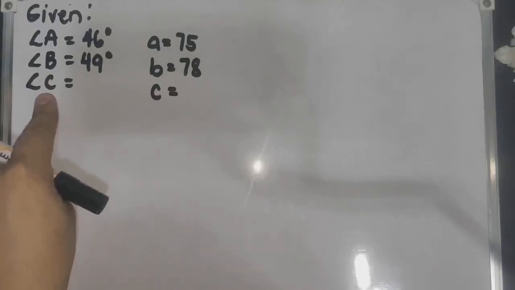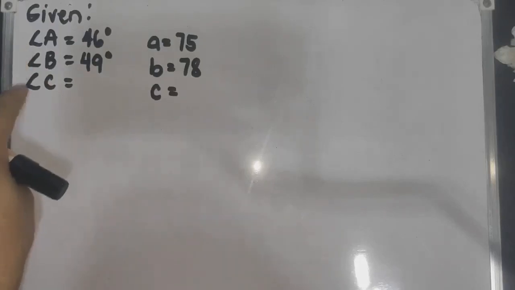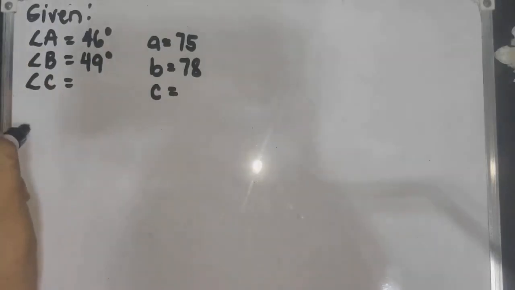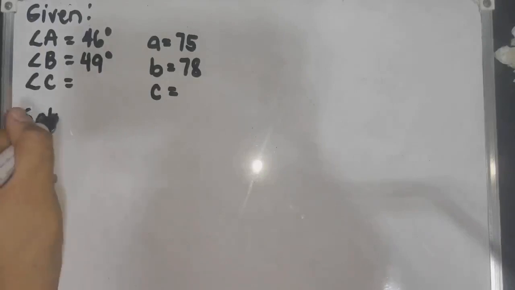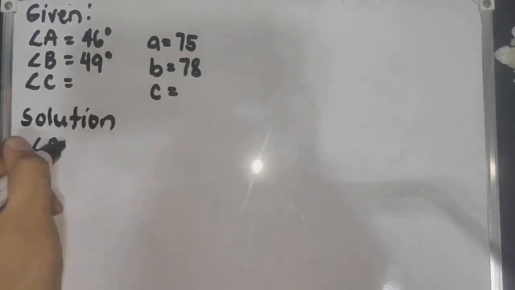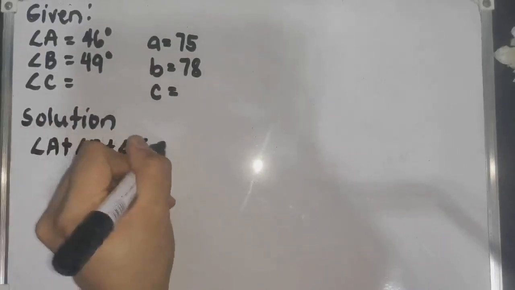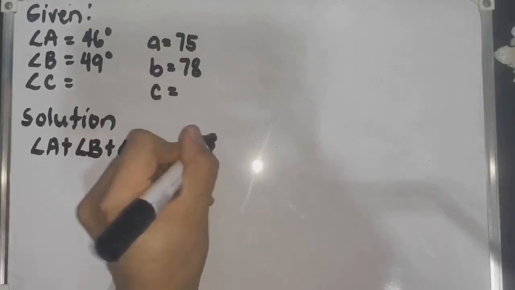Kapag isang angle na lang yung nawawala natin, ang gagawin niyo is simply add the 3 angles. Just like this, yung solution natin: angle A plus angle B plus angle C is equal to 180 degrees.